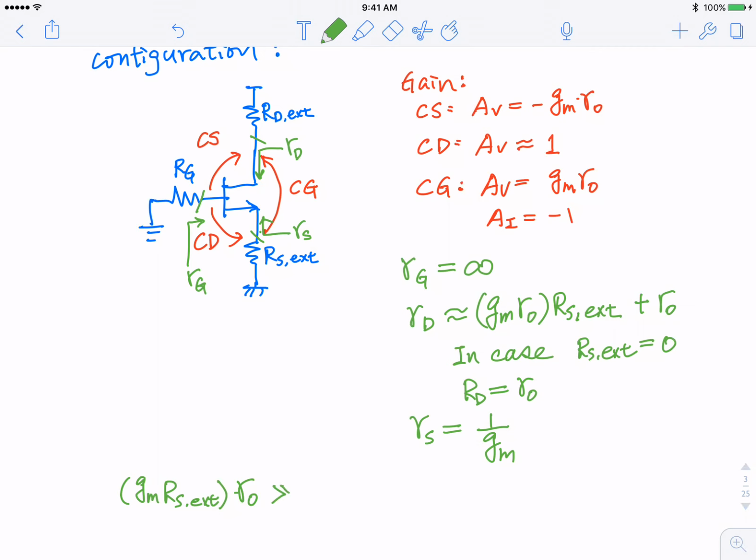This is going to be much larger than R0, and much larger than 1 over GM. So these are the three orders of magnitude. And as we go through examples of multi-stage amplifiers, sometimes we want a low impedance node.